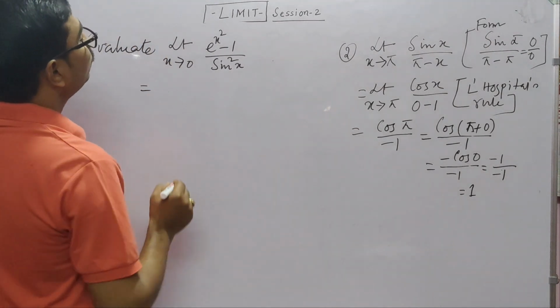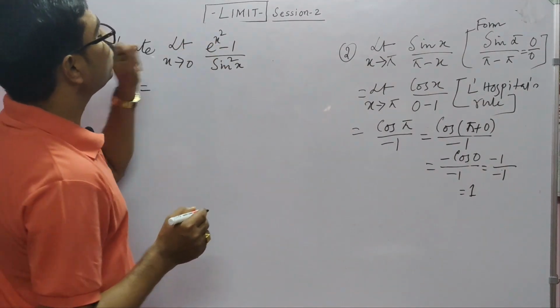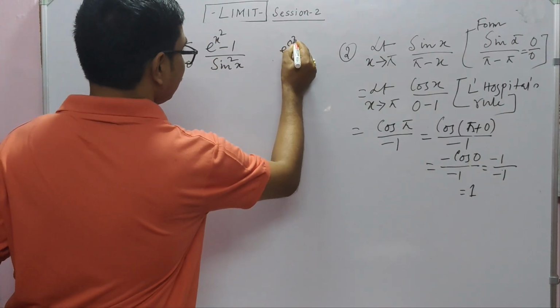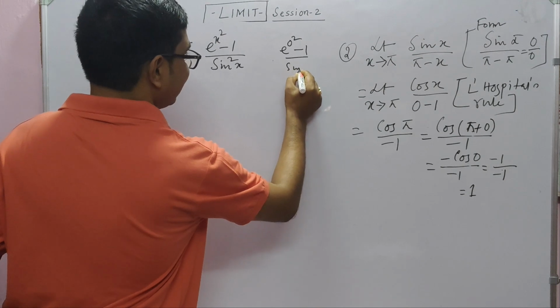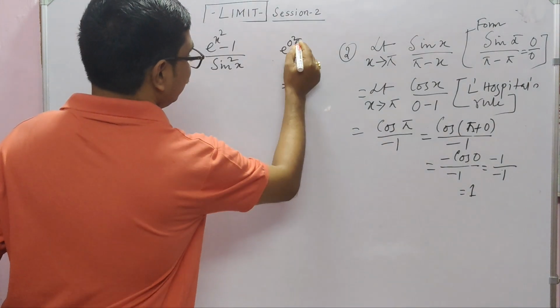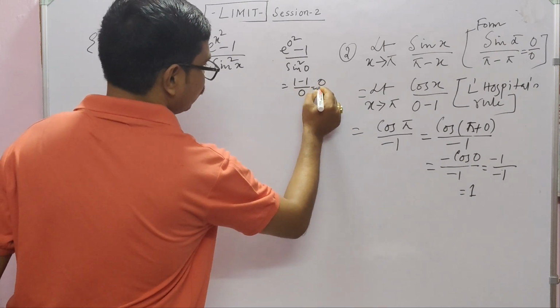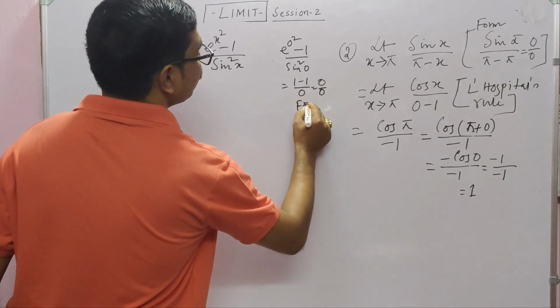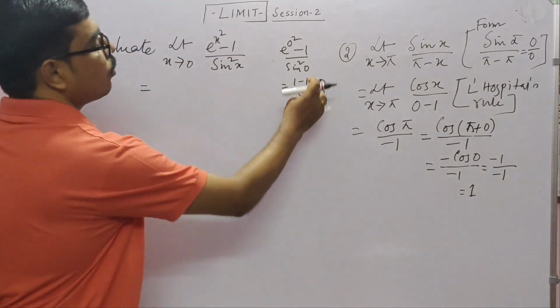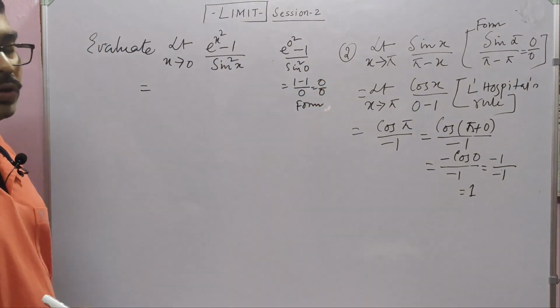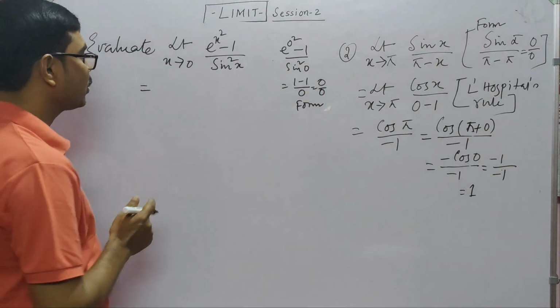Now we put x equal to 0, that is e to the power 0 square minus 1 by sin square 0. E to the power 0 means 1, minus 1, by sin 0, equal to 0 by 0, that is the indeterminate form.